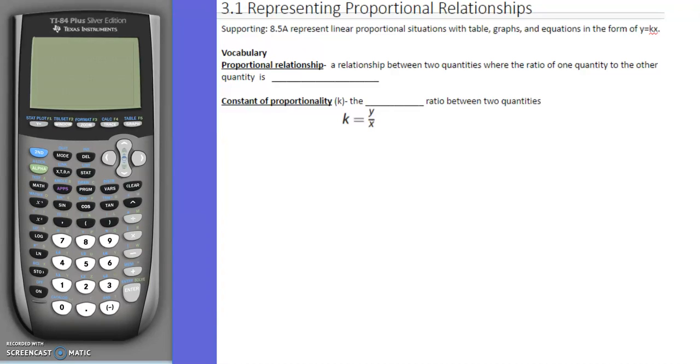Representing proportional relationships. A proportional relationship is a relationship between two quantities where the ratio of one quantity to the other quantity is constant.